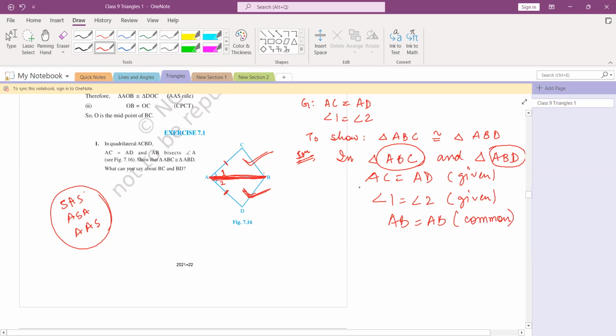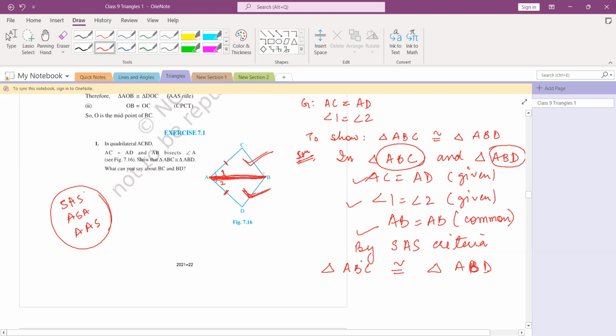Now we have two sides equal, one angle equal. Which criteria can I use? By SAS criteria, right? Two sides, one angle. So these two triangles are congruent. Triangle ABC will be congruent to triangle ABD. Please write it very carefully, because you cannot just write it as BDA or ADB.